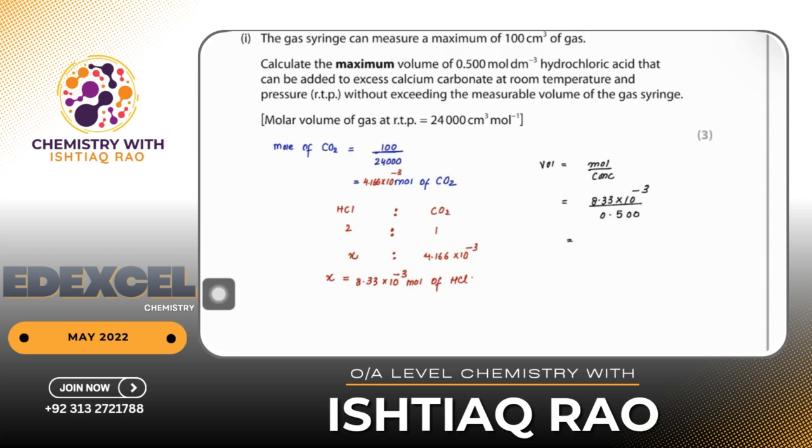So what's the answer for this? 8.33 exponent minus 3, 0.016. Yes, 0.16. And also we can do 16 point something decimeter cube, centimeter cube.